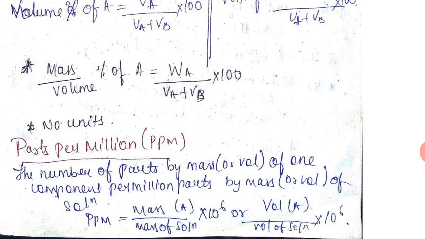Next is parts per million. It is the number of parts by mass or volume of one component per million parts by mass or volume of the solution.